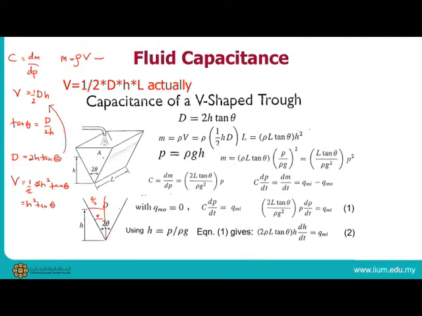Then you insert this into this equation, right? So let's say this is equation number 1, this is equation number 2, so you insert 2 into 1, and you can get m equal to rho h squared tangent theta. We need to replace the h here with P, or pressure.